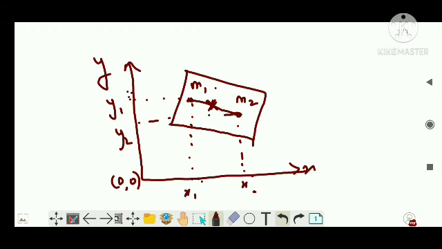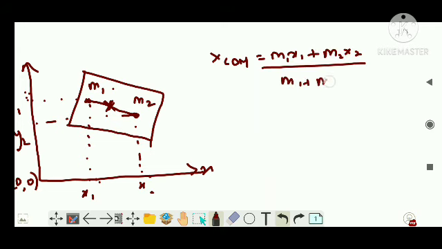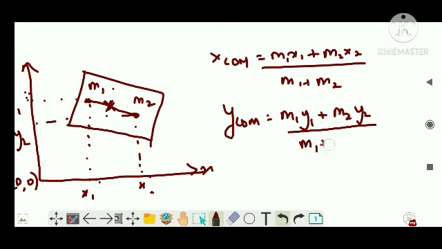We just wrote the x coordinate: xcom is equal to m1 x1 plus m2 x2 divided by m1 plus m2. Similarly, you can write ycom, the coordinate of the center of mass in the y direction, which is m1 y1 plus m2 y2 divided by m1 plus m2.